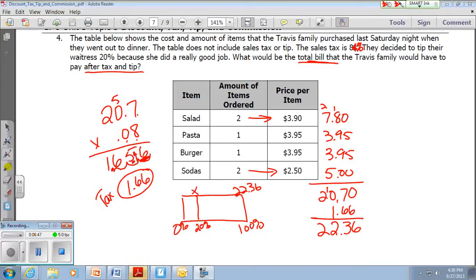But I'm going to go ahead and do the multiply by the decimal again. 20%, the decimal is 0.2. So let's put that over here. We have 2236 times 0.2.